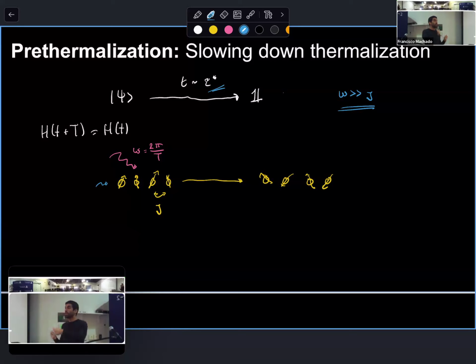Okay, and as I increase my frequency, I'm going to need more and more local rearrangements, which is a very off-resonant process.